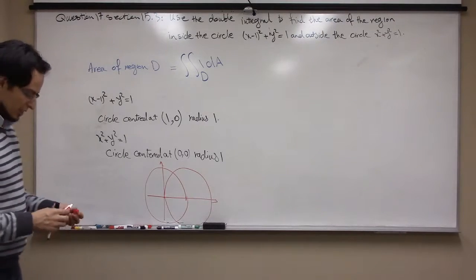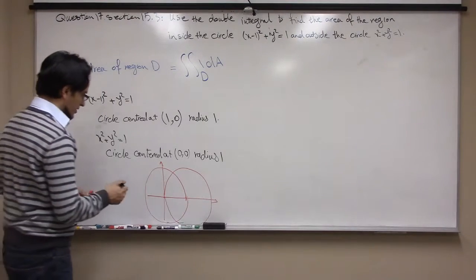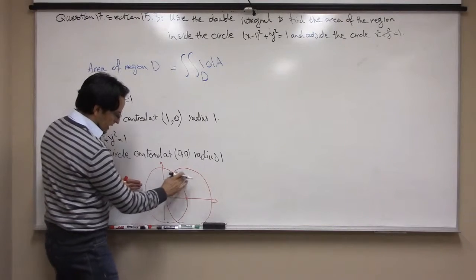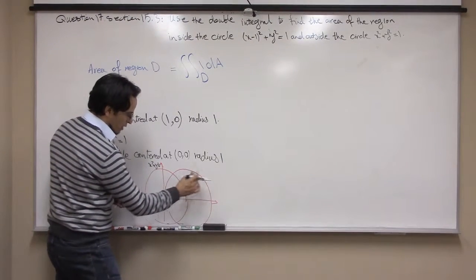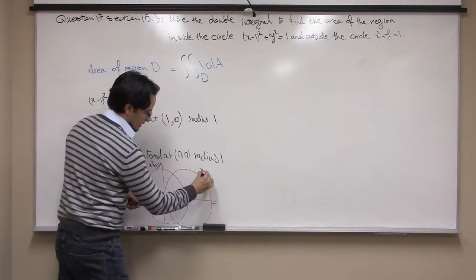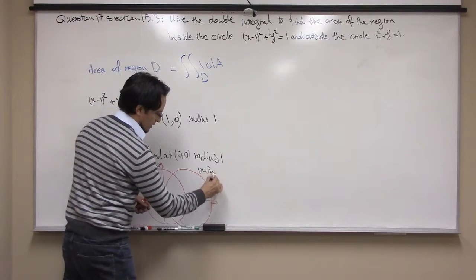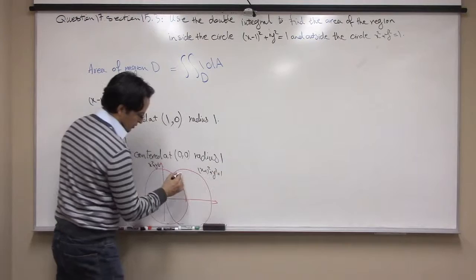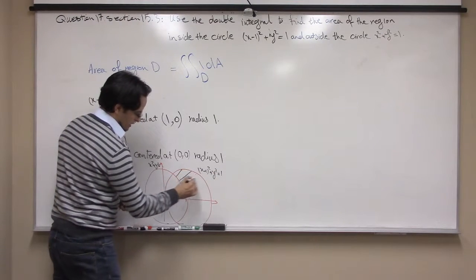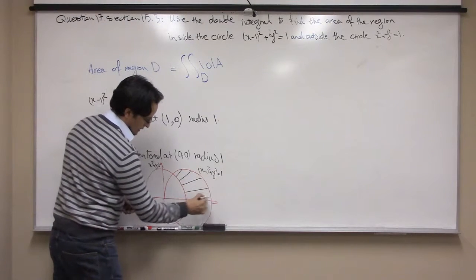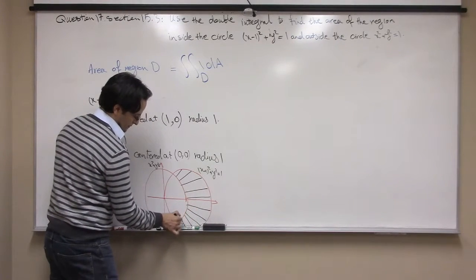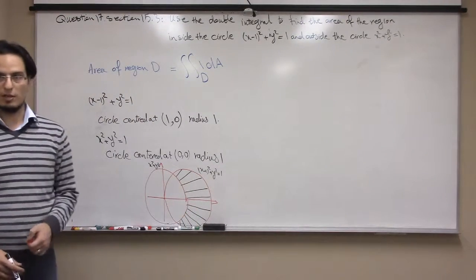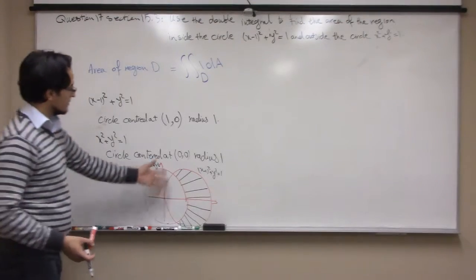Okay, then the region that we are trying to integrate is outside x squared plus y squared equals 1, which is this part, and then inside x minus 1 squared plus y squared equals 1. So it is this thing, the whole thing. But okay, now we have this region.